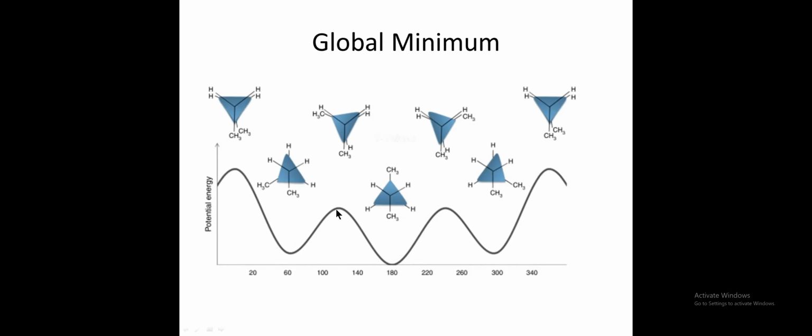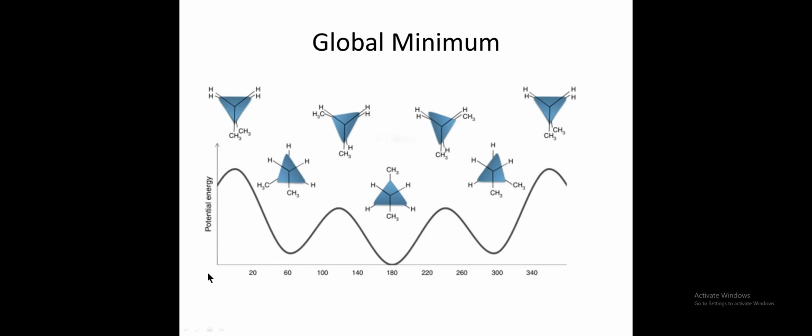But there are certainly high energy intermediates between these, in this case, the global minimum and just a minimum here, where if we're rotating about the central carbon-carbon bonds, we're going to increase the energy because of the van der Waals repulsion that's going to occur as these groups actually get too close to one another. So whether or not we will actually get to the global minimum really depends upon where we start as far as our input structure is concerned.